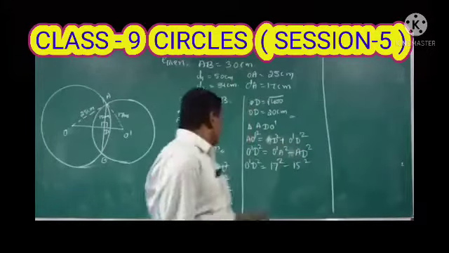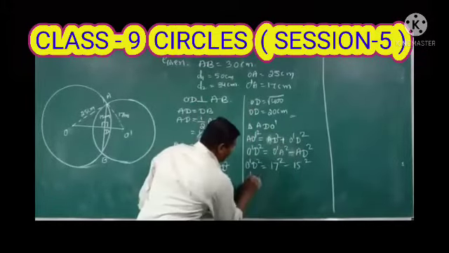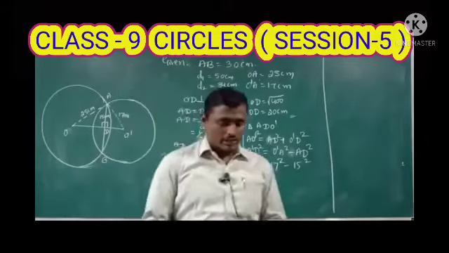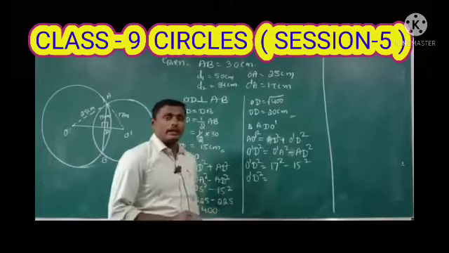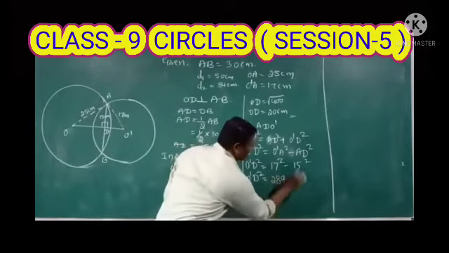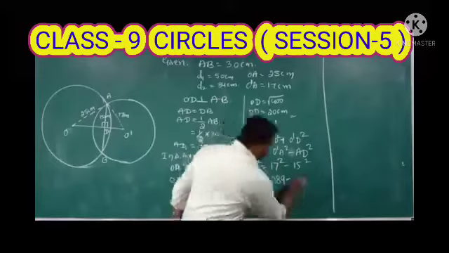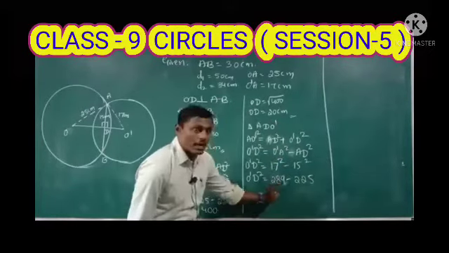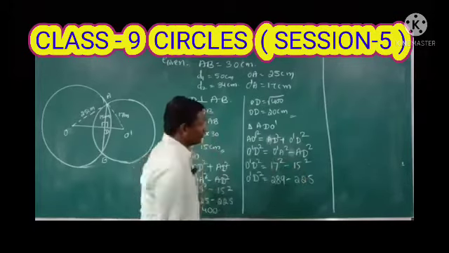So O dash D square is equal to 17 square is 289, 15 square is 225. Just subtract 289 minus 225.